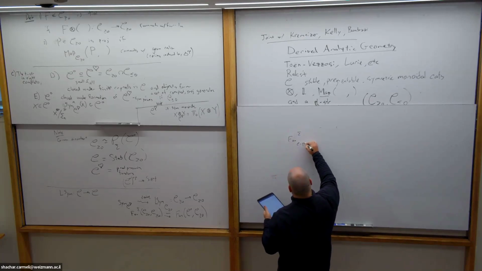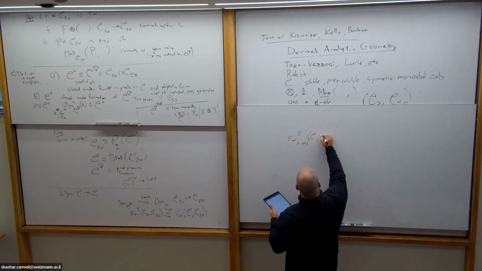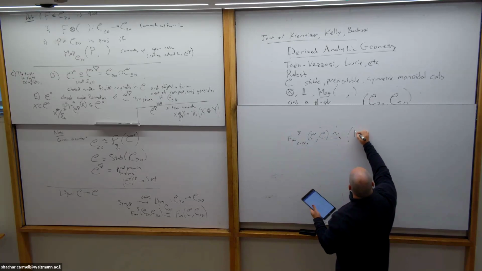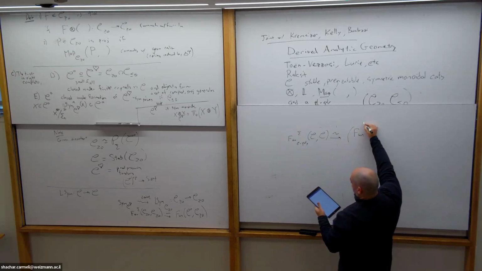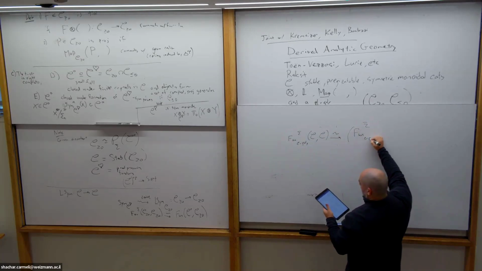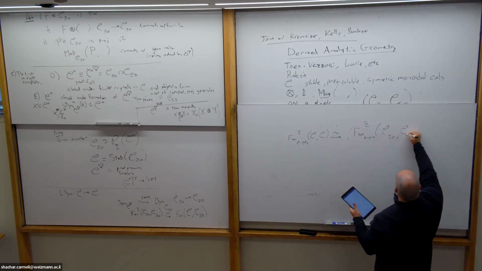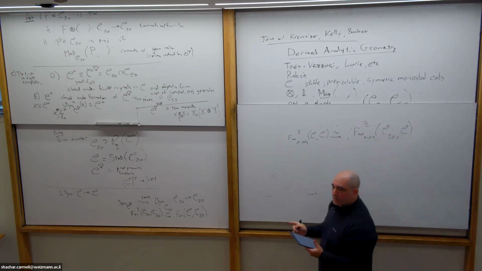Excisively polynomial functors from C to C, which is where you want to be, is equivalent to just restricting to C≥0 to C. So you can do it in two steps.